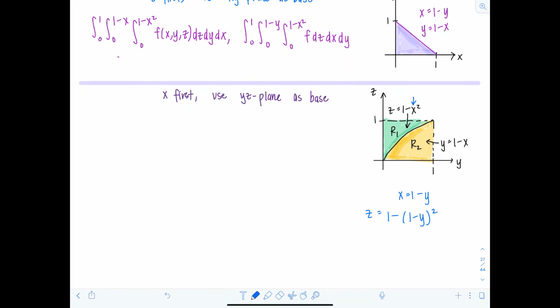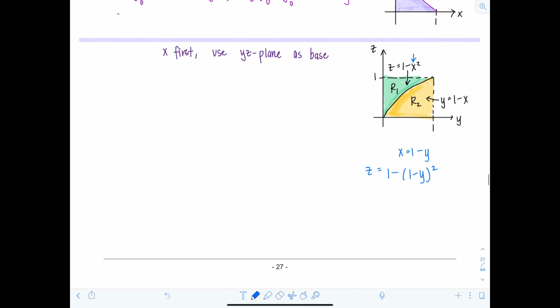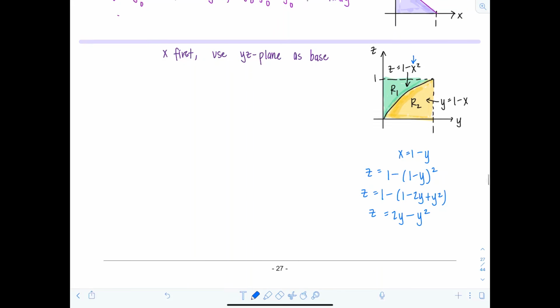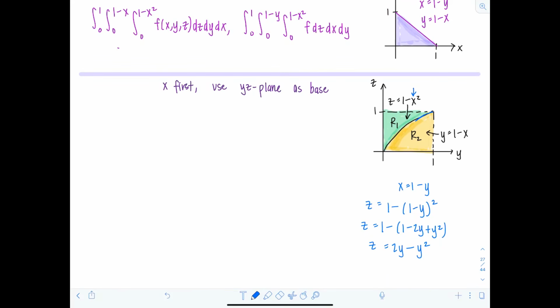And that's going to be where the intersection occurs. So that would give me z equals 1 minus 1 plus 2y minus y squared. So I get z is equal to 2y minus y squared. All right, so that's the curve of intersection right here.